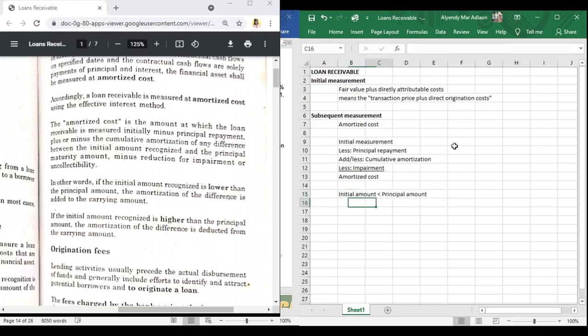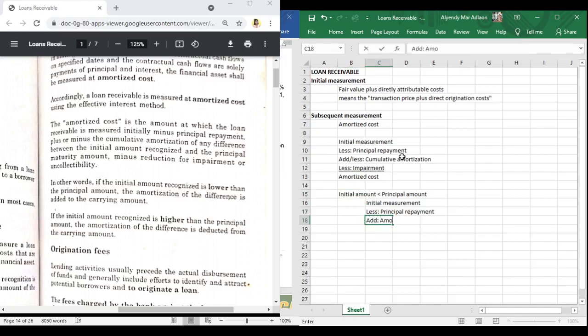Then, in order to compute the amortized cost, the amortization of the difference is added to the carrying amount. Okay, so still this formula. I'm just gonna put initial measurement, and then, of course, less the principal repayment. But if the initial amount is less than the principal amount, then the amortization should be added.